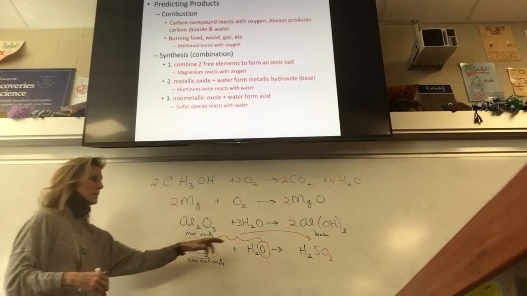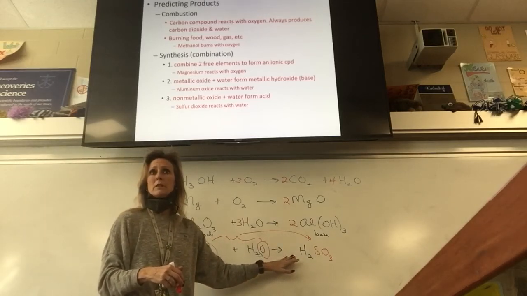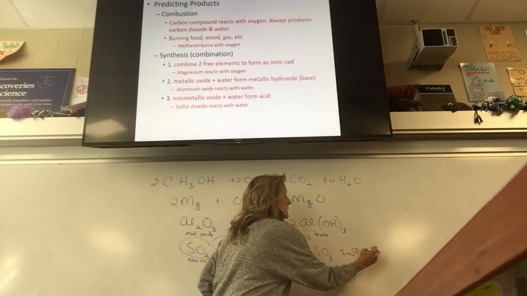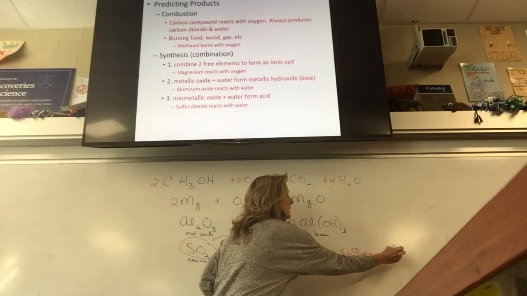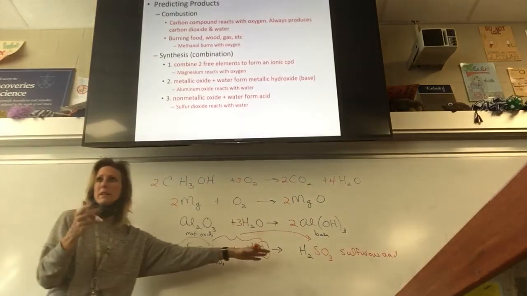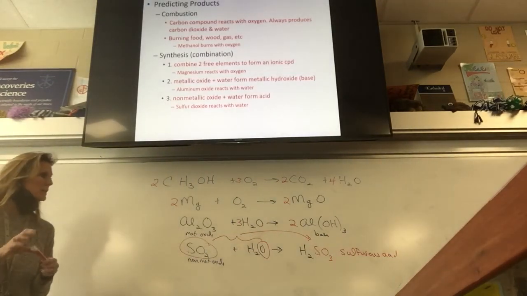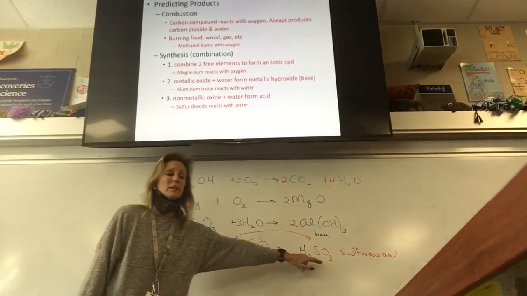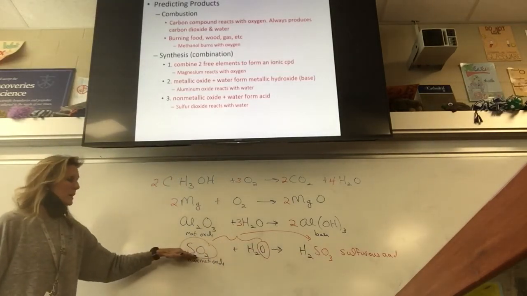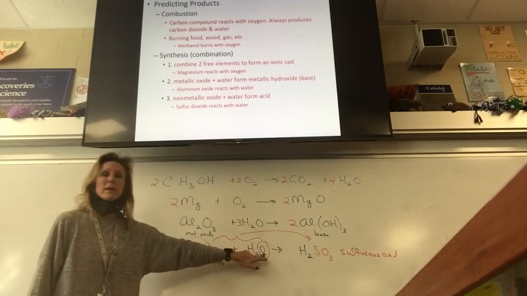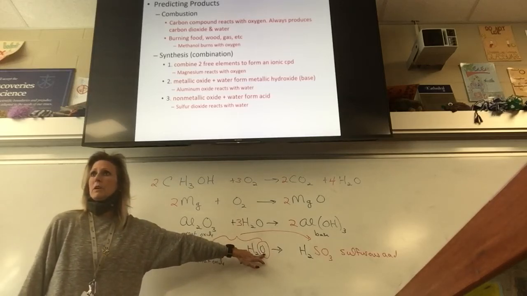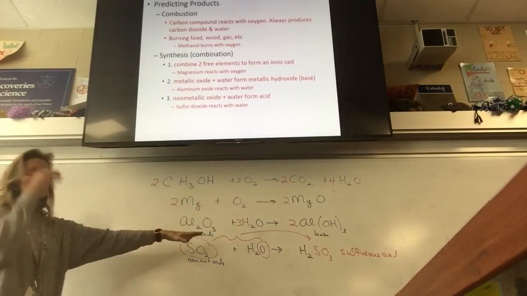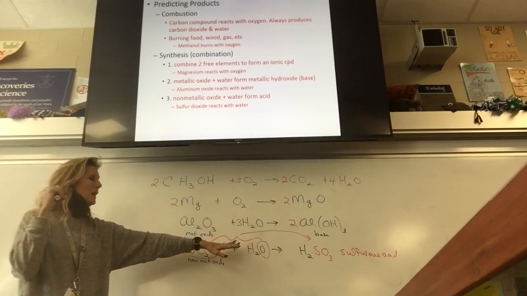And so the name of this acid would be sulfurous acid. And you don't have to name it, but just to practice. But we come up with what the polyatomic ion is from what's in our nonmetallic oxide, and then we add the other oxygen from water. So there's only a handful of these that I can give you that will work out this way.